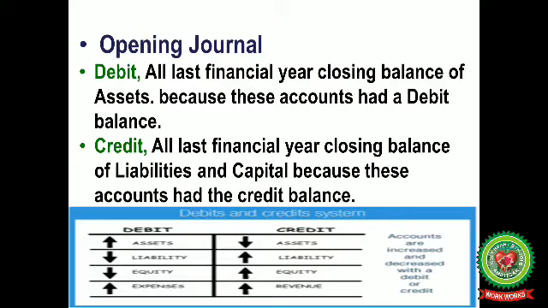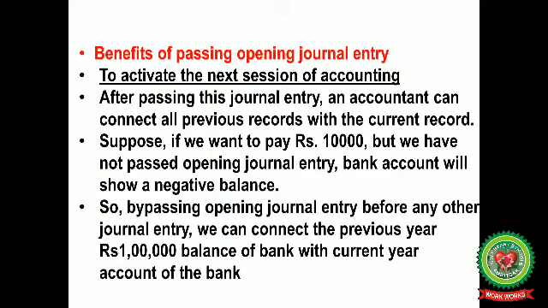So, in debit we will write increase in assets, decrease in liability, decrease in equity and increase in any expense. But if you follow the credit system, decrease in asset, increase in liability, increase in equity and increase in revenue is recorded. So here accounts are increased and decreased with a debit or credit.